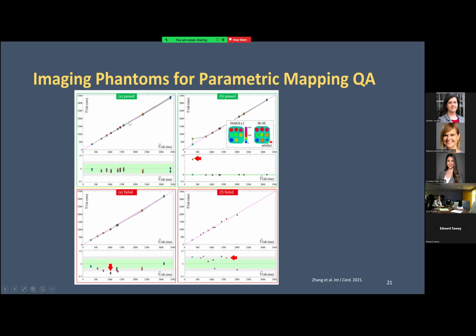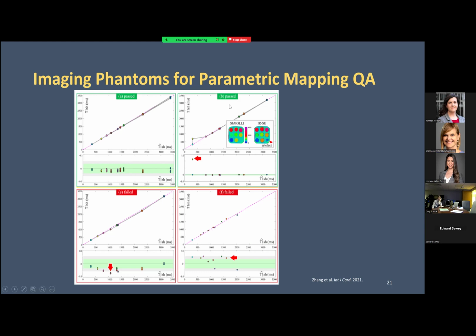So we have a really nice correlation here, almost line of identity. So this would pass. You can see the variability is pretty low in this Bland-Altman down at the bottom. So this is a site that passed the phantom QA.